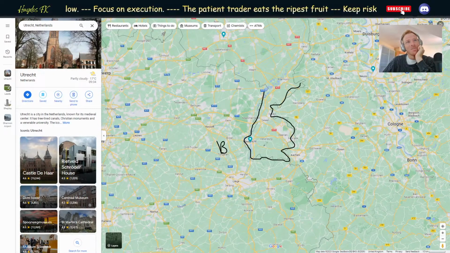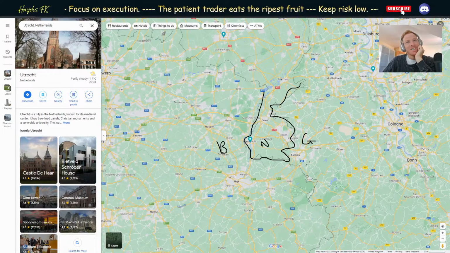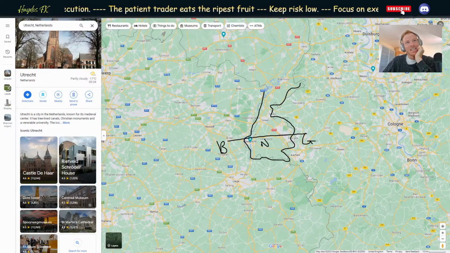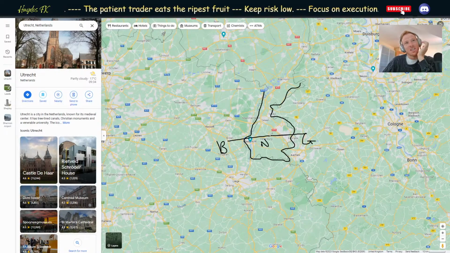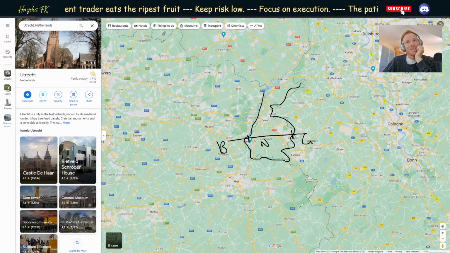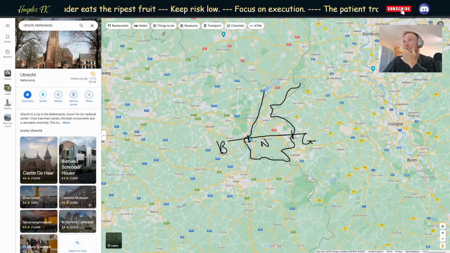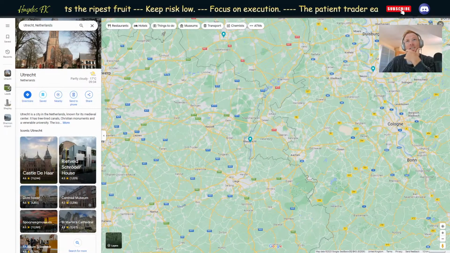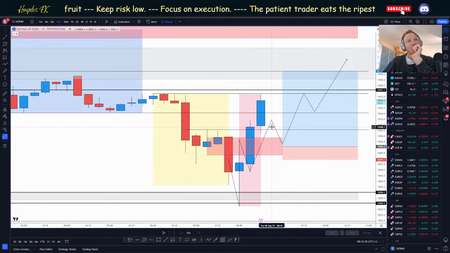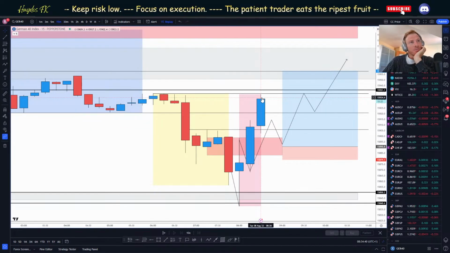So Belgium, Netherlands, Germany. Crazy, isn't it? Like that's a 30-minute drive from here to here. Well, Holland is apparently just a little over half the size of Tasmania, so we're not talking really massive distances.